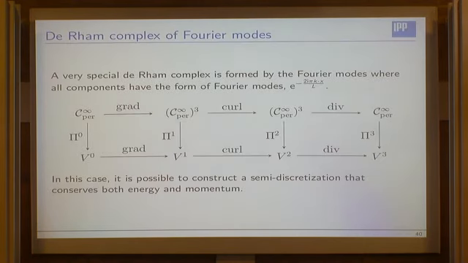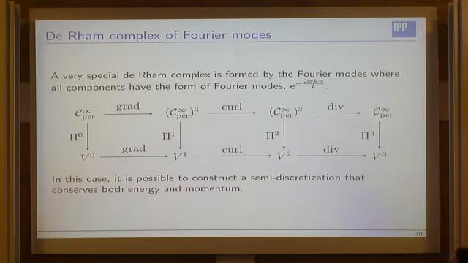Okay, so then one more point that we're addressing, as said, is to use a Fourier method. I don't think I have time to discuss that really, but I just give you a brief glance. So you can also build a complex based on finite elements defined on the Fourier modes.